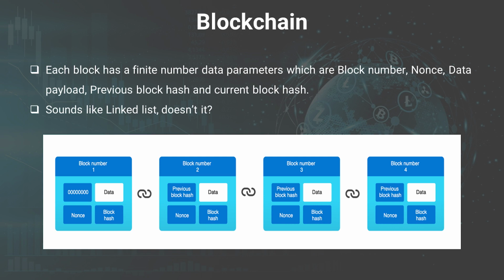Each block has the previous block hash and its own hash. Since the Genesis block doesn't have a previous one, these are filled with zeros. But block 2 has the previous block hash, which points to the first block's hash, and similarly for all the blocks. We'll talk about each parameter one by one in the next slide.